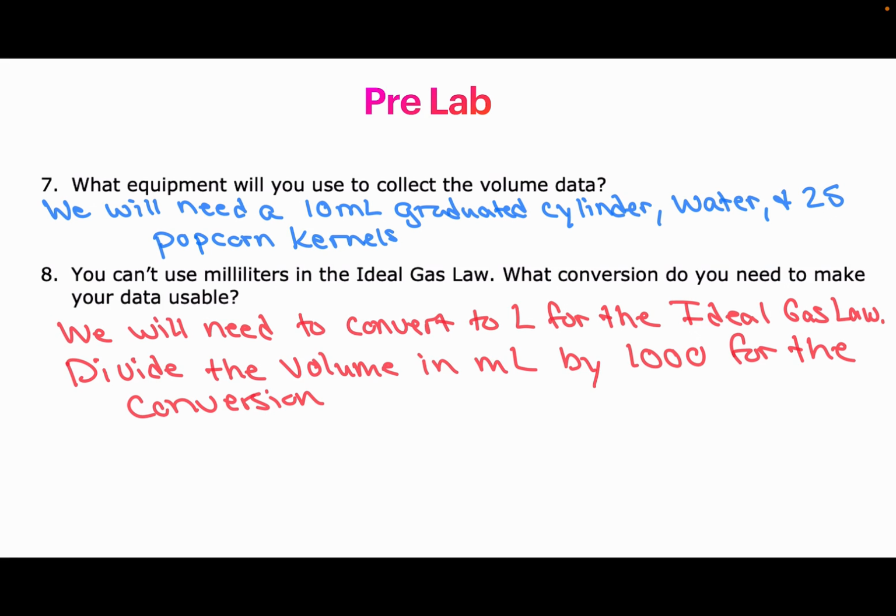I already mentioned that we'll need a small graduated cylinder. And the last thing to remember is that we can't use milliliters for ideal gas law, so we're going to convert over to liters, and that relationship is 1,000 milliliters to a liter.